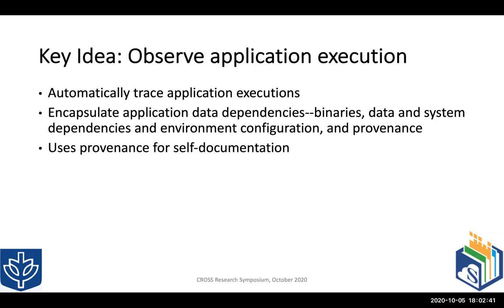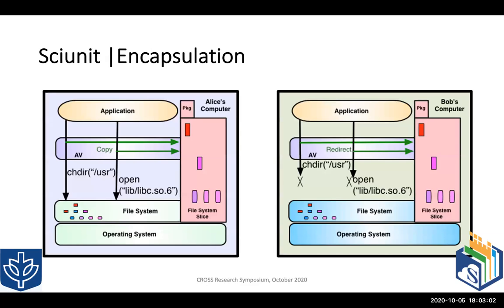So here in PSI Unit, the key idea is, well, why don't we just observe the application, observe its execution, and if the application must be using all the files that it needs, and if we can just containerize them, just at that time determine what the dependencies are and put them in a container, well, that's where our container would be automatically ready.